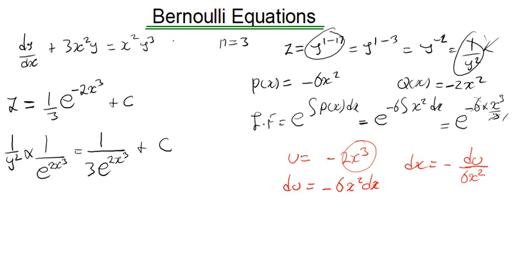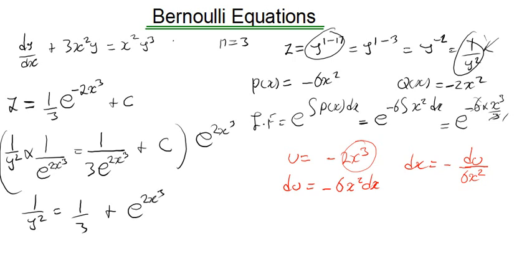At this point I'm going to do the cross multiplication. We are multiplying everything by e to the power 2x to the power 3, which gives us 1 over y squared is equal to 1 over 3 remaining here, because those cancel out, plus e to the power 2x to the power 3 c.